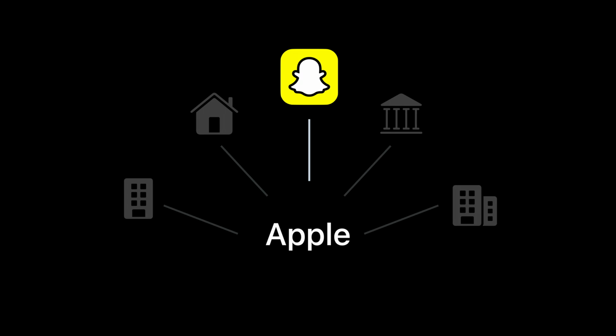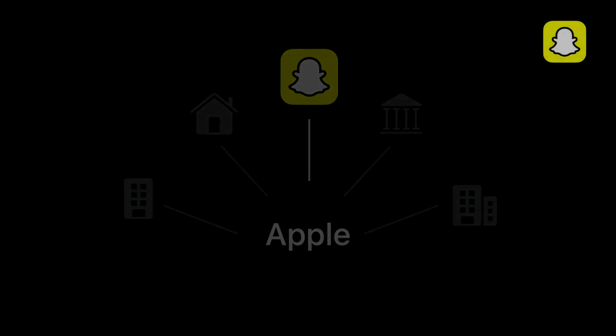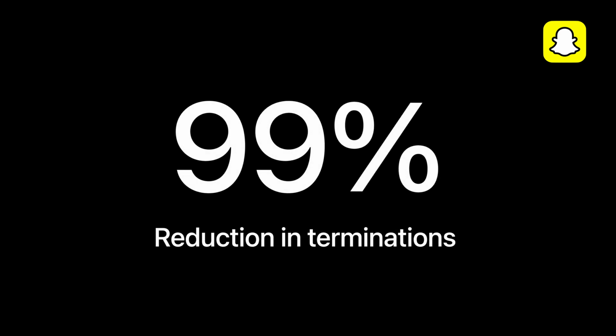Snapchat has a long-standing dedication to improving the launch experience of their app and driving down terminations. In the last year, we've seen a 99% reduction in undesirable terminations for Snapchat. We think that's incredible, and using the performance tools and data we've discussed here today, you can accomplish this too.